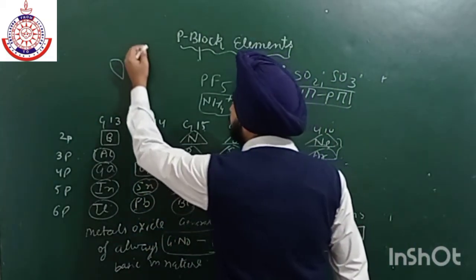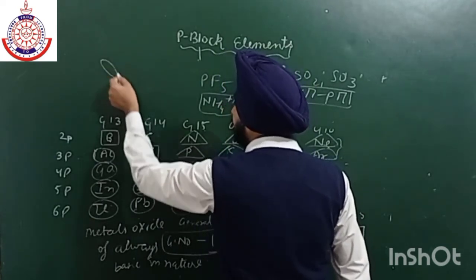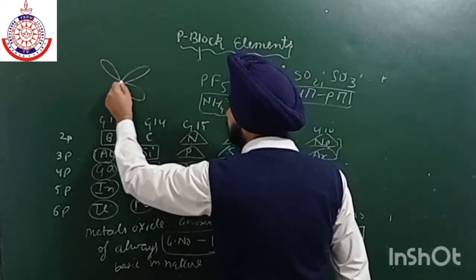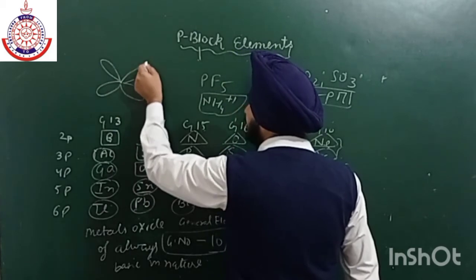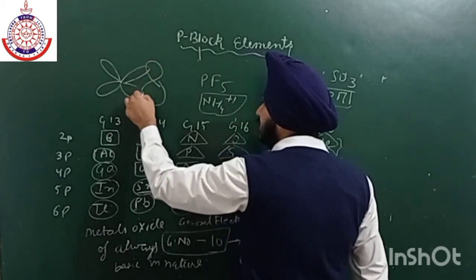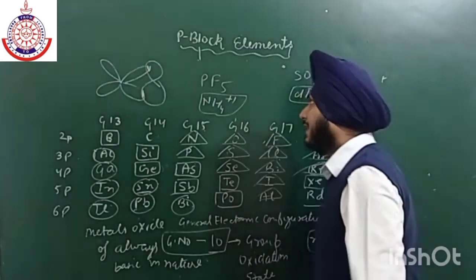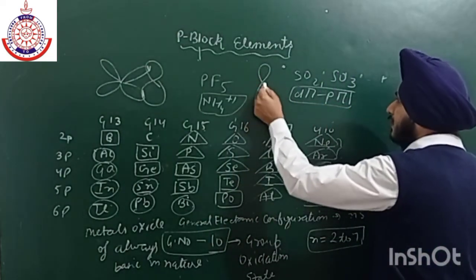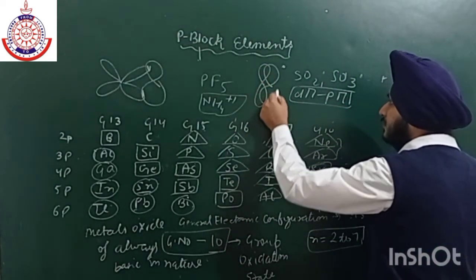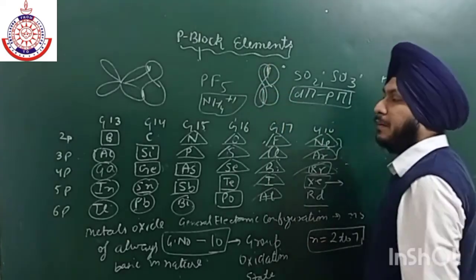If we compare the overlapping between d orbital and p orbital, the overlapping is not so effective as in case of p and p. So p and p overlapping is a little more effective as compared to d and p orbital.